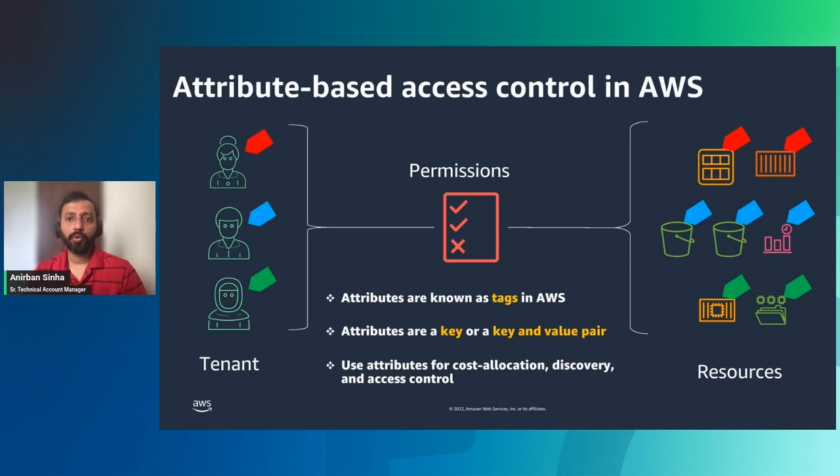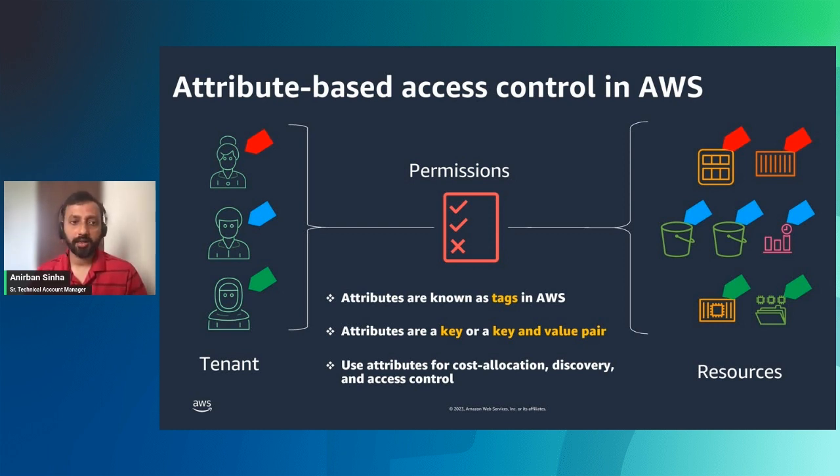Now, attributes are known as custom tags in AWS. They are used for cost allocation, discovery, and access control. In ABAC, instead of multiple roles and permission sets for different resources, you are going to have one rule-based permission. On the left, identities have attributes and you set those attributes on the identities.